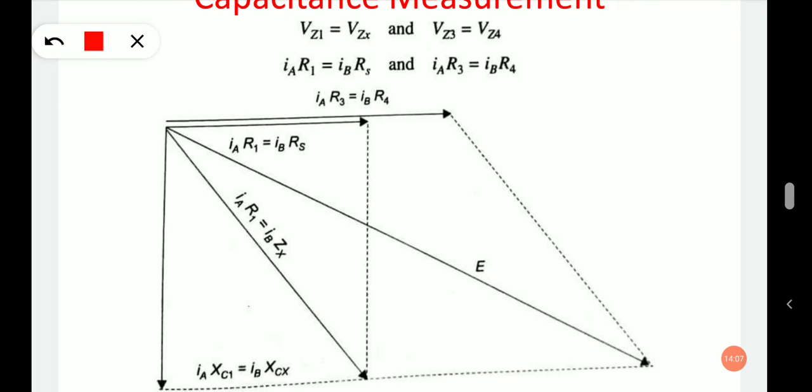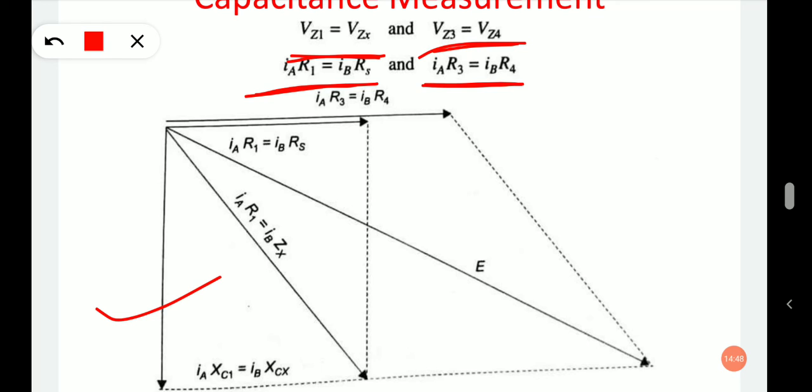So Vz1 equals Vzx, Vz3 equals Vz4, and if we replace by current, it will be IAR1 equals IBRS and IAR3 equals IBR4. The relationship between voltage drops in a modified de Sauty bridge can be shown in a phasor diagram as shown in the figure.